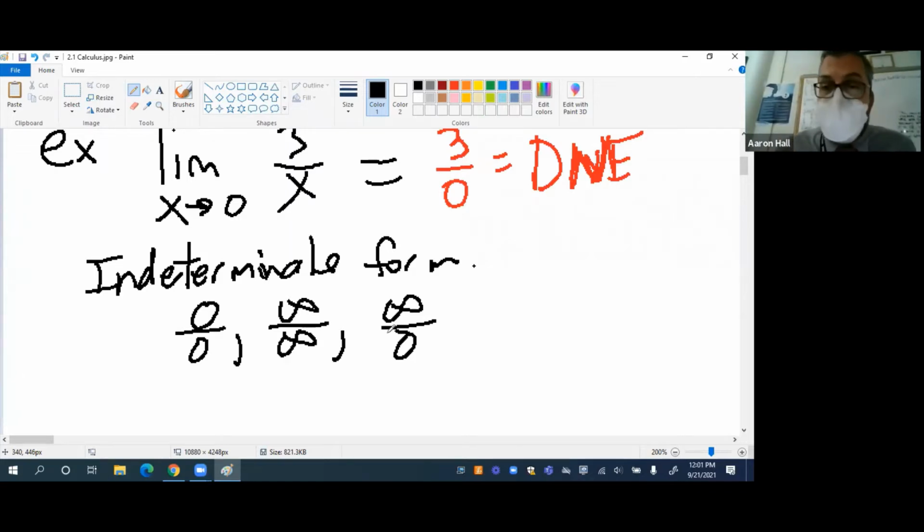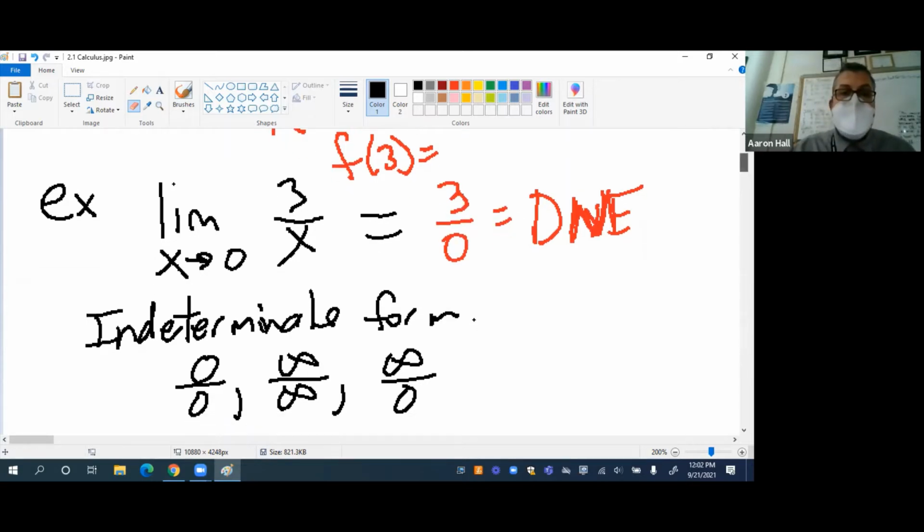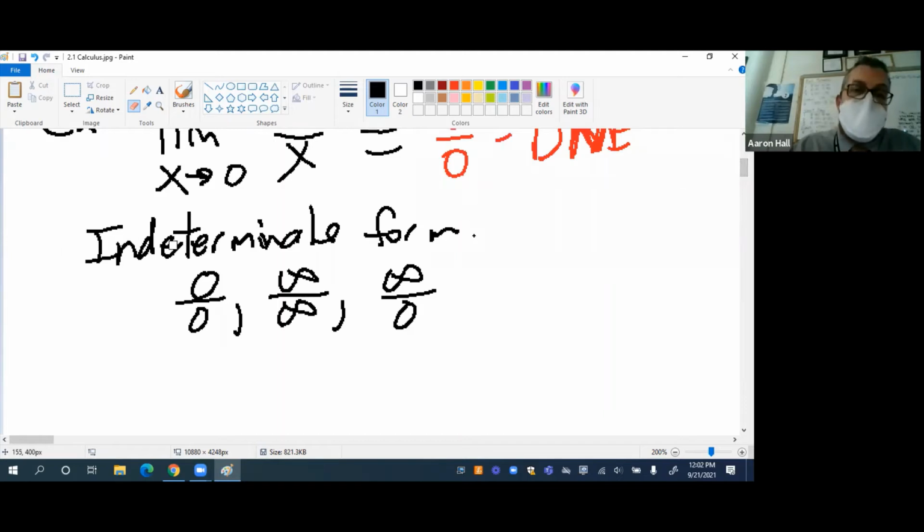These are indeterminate forms because as I approach these values, there could be a limit. Here, 3 over 0 is not an indeterminate form because it is clearly undefined, so the limit does not exist. So let's look at an example where I would get an indeterminate form.